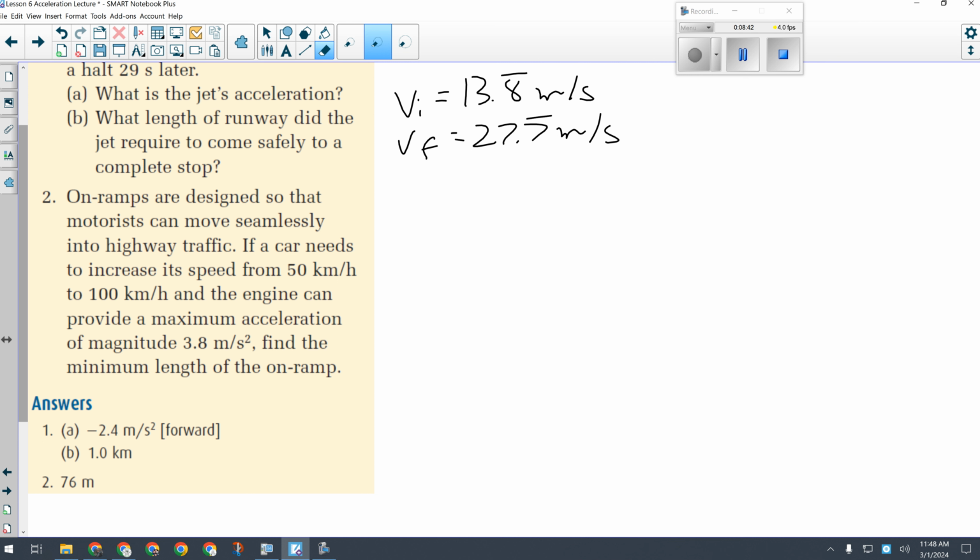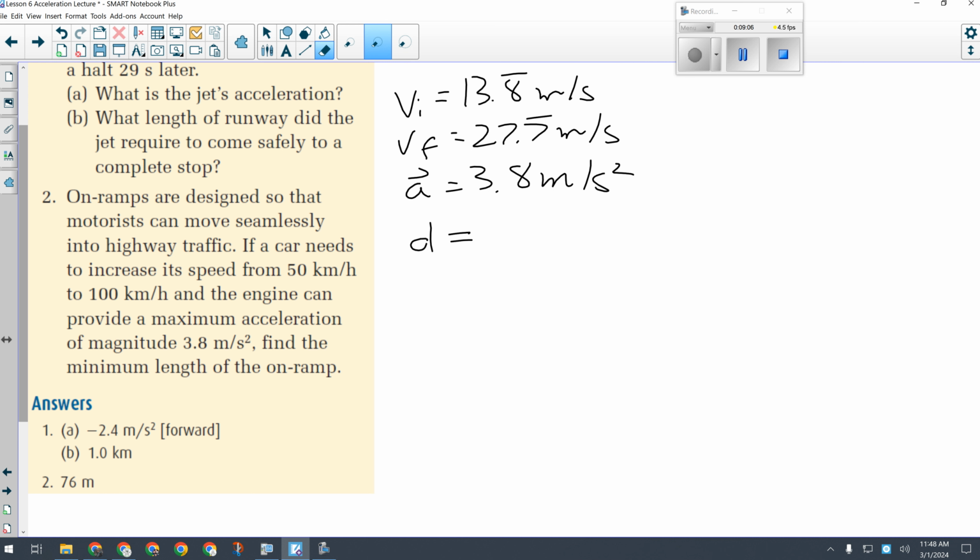meters per second. Okay, and the engine can provide a maximum acceleration of 3.8 meters per second squared when the pedal on the right is depressed fully. Pedal on the right makes it go. Okay, so we've got those three numbers, and we are looking for the minimum length of the on-ramp.